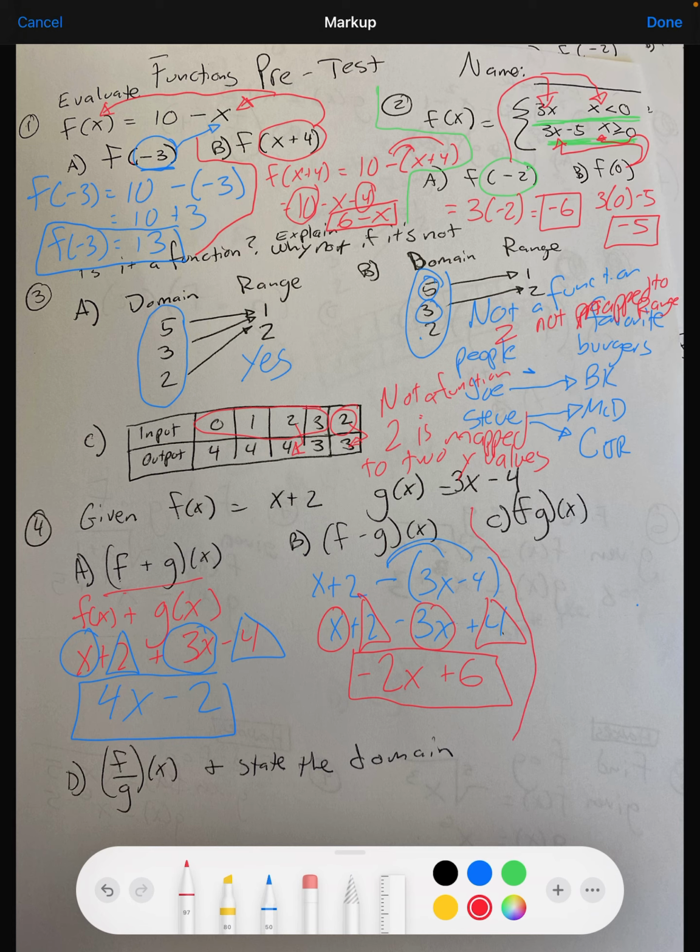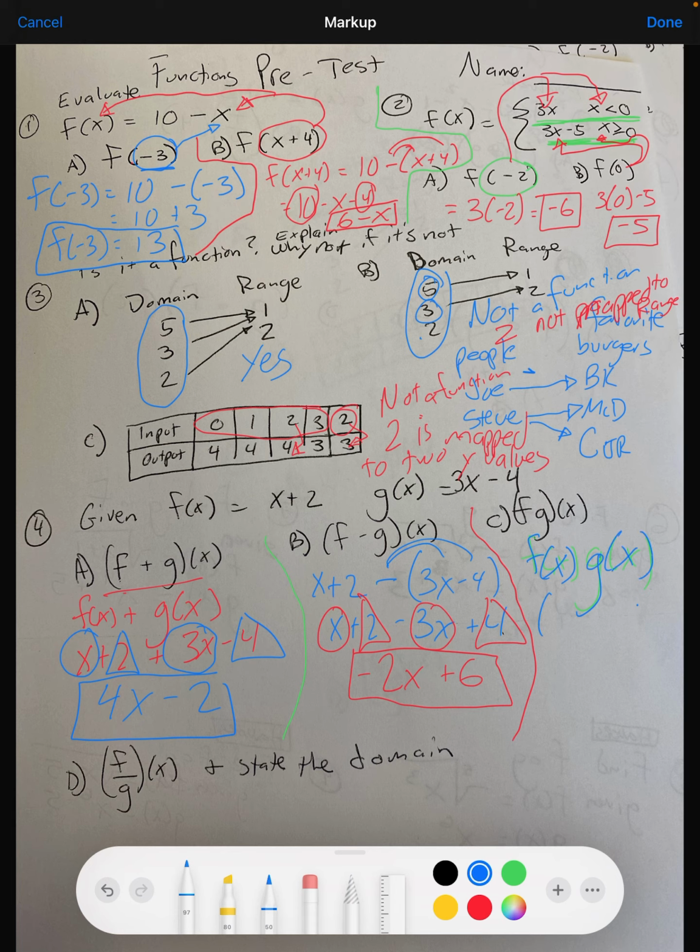Okay, for C, we are multiplying, so that's going to be f of x. Oh, that's kind of hard to read when it's green. I'll change to blue here. F of x times g of x.